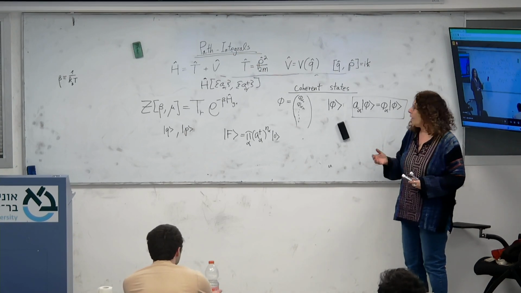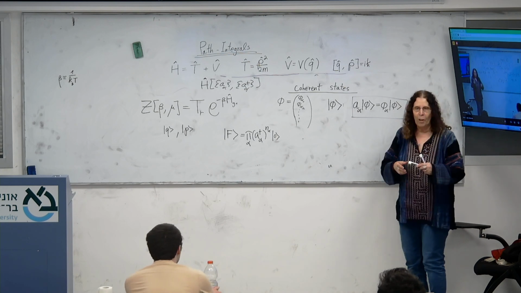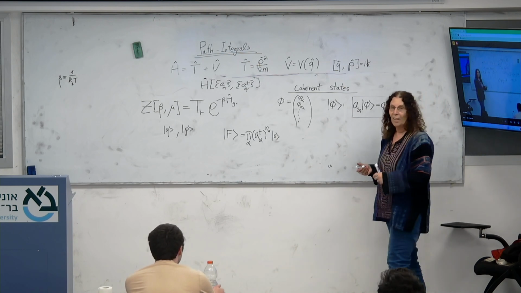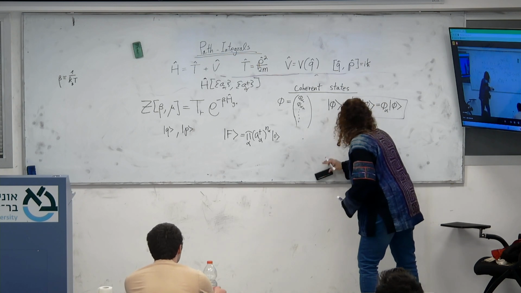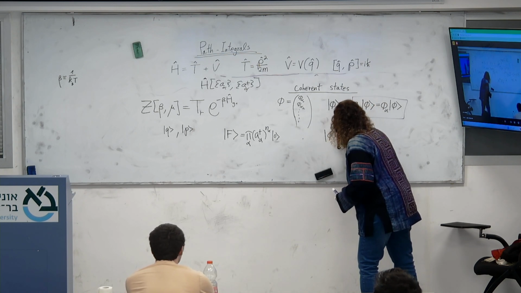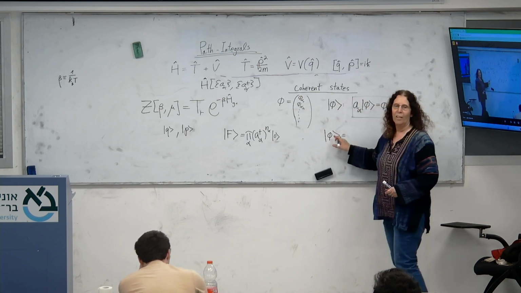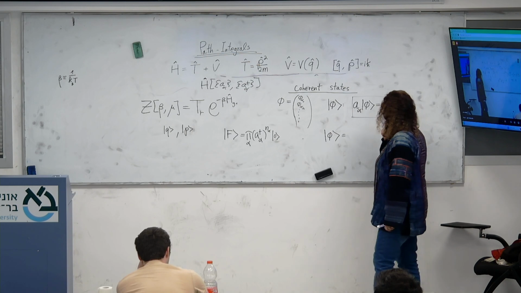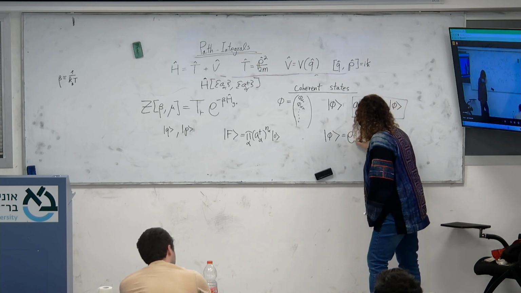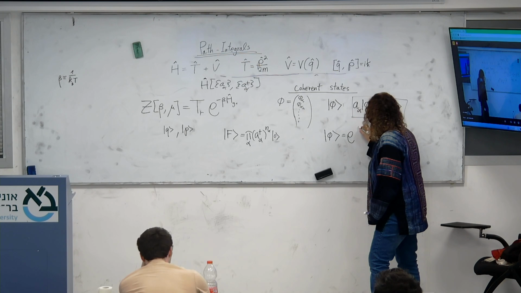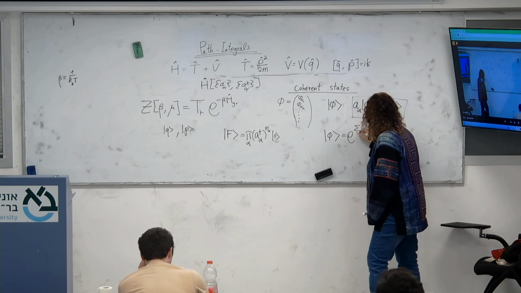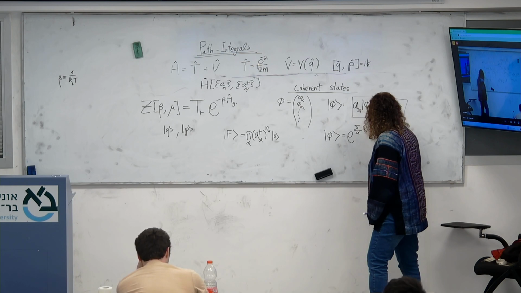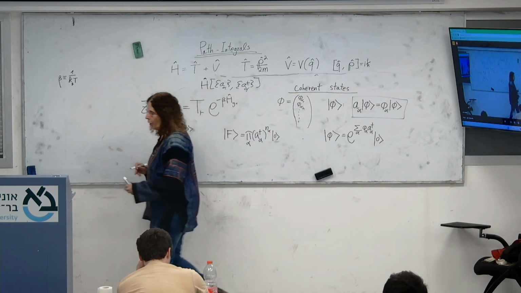But in fact, there is something you can easily convince yourself of, and you will get it in your homework to prove directly: I can tell you exactly how to express phi in terms of A daggers, and it has the following form. It's the exponent of the sum of phi alpha A dagger alpha, acting on the vacuum.